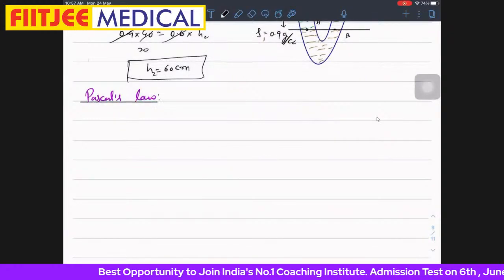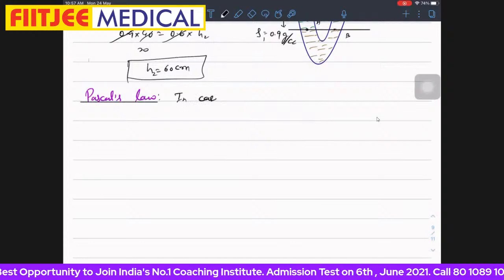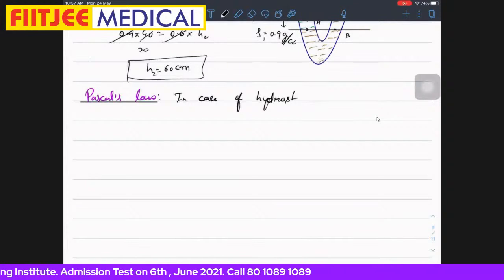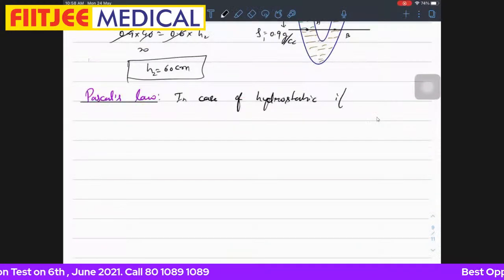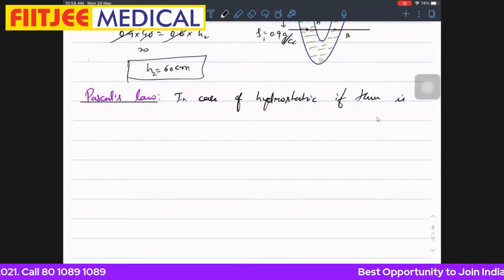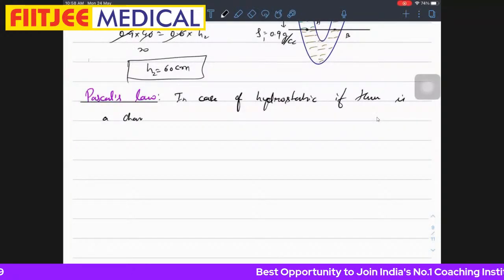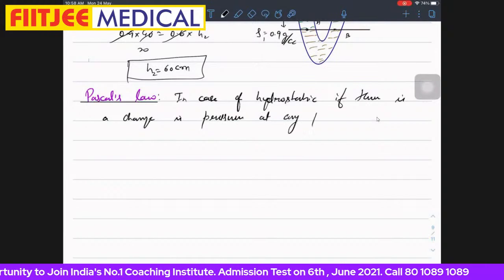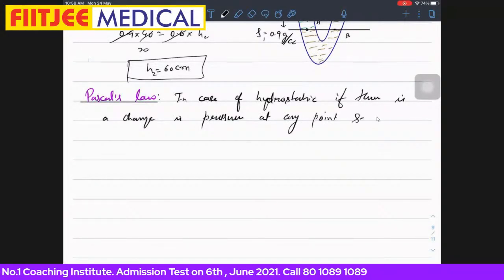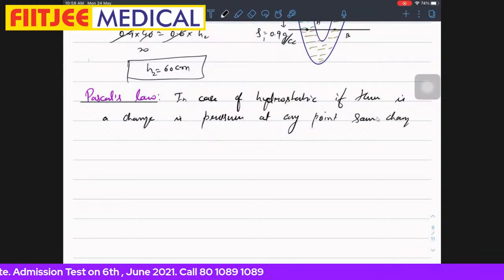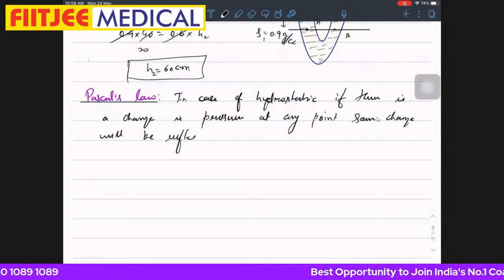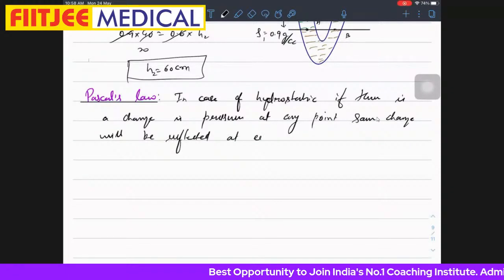It says that in case of hydrostatics, if there is a change in pressure at any point, the same change will be reflected at each and every point.